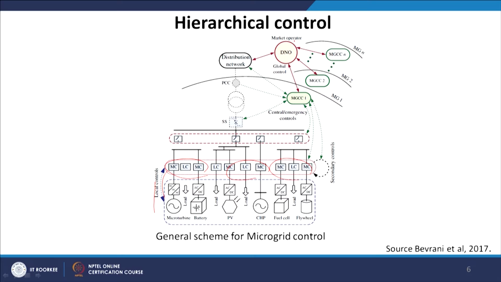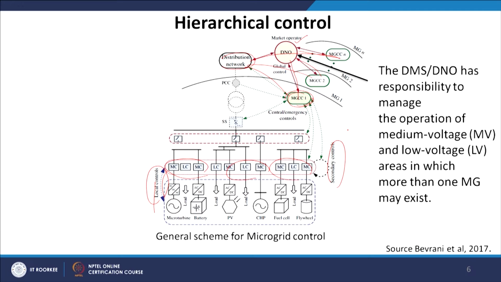And the distribution network owner or operator links to my microgrid 1, 2 and n, and each microgrid will experience those secondary controls as well as local controllers. The signal may come from each individual microgrid controller through the DNO. Now, what is a distribution network operator or owner?